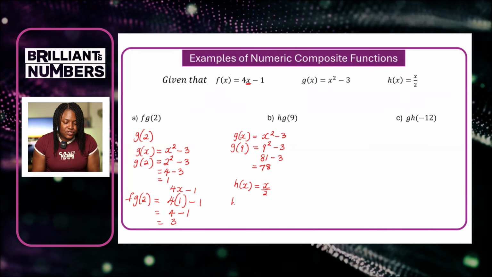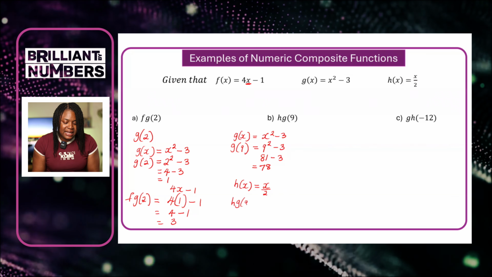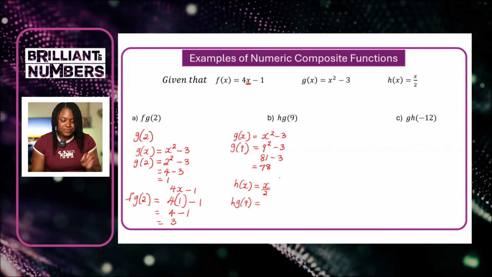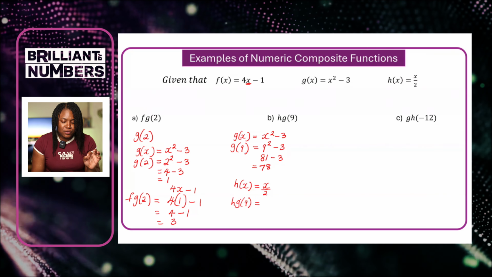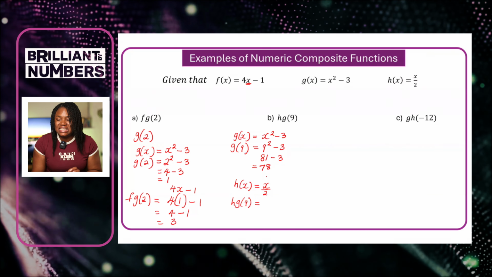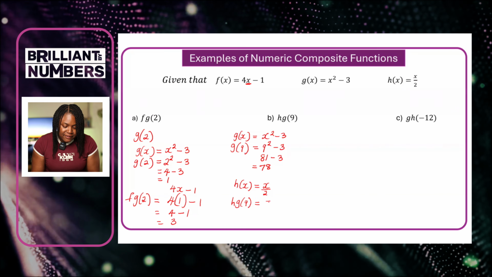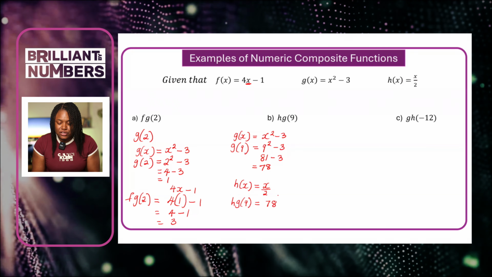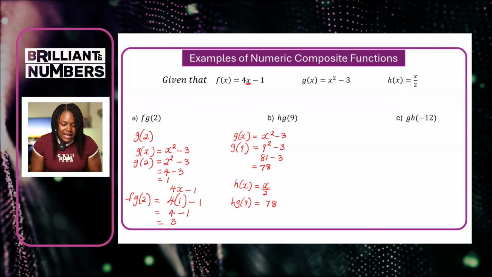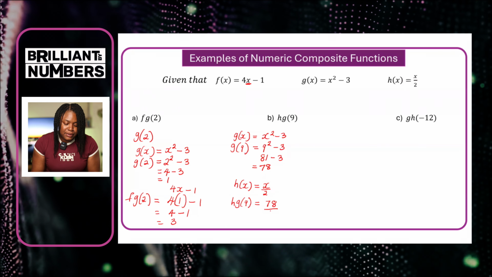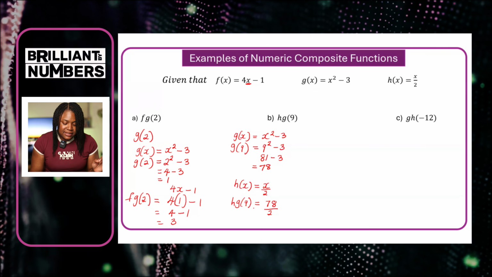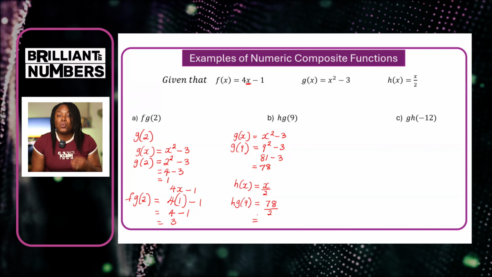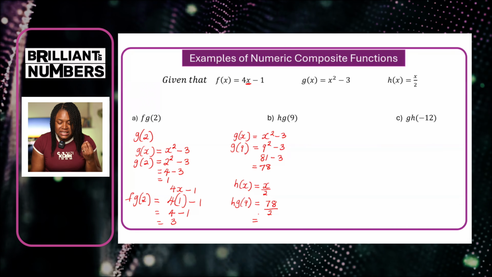So h of g of 9 is equal to, the answer I got from g of 9 was 78. So I'm replacing that x in h of x with 78, and then that's divided by 2. So basically my answer will just be what is half of 78.